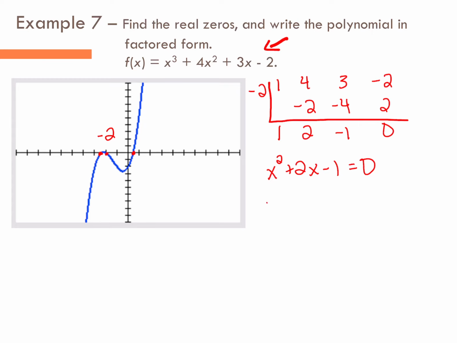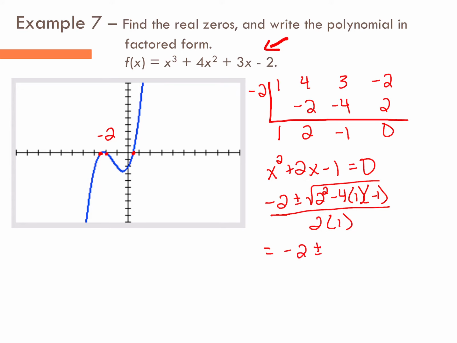So if we use our quadratic formula, -b, so -2 plus or minus the square root of b squared, so 2 squared minus 4 times our a, which is 1, and our c, which is -1, all over 2 times 1. Simplify in here, so -2 plus or minus, inside our square root, 2 squared is 4, and then this would be plus 4, so we have 8, all over 2.